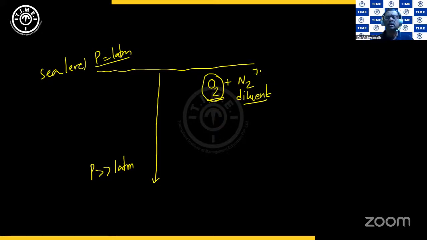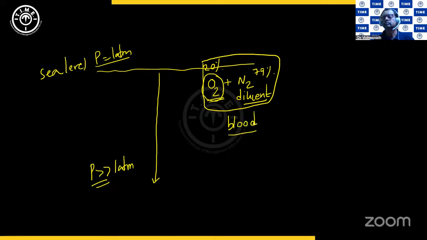So nitrogen is the commonly available diluent already present in natural air. Nitrogen is to the extent of about 78%, and oxygen is close to 20%. The remaining are all other gases, including water vapor. Now this is a diluent. So when the cylinder had this combination of oxygen and nitrogen, nitrogen being more, oxygen less, and the diver was getting deep inside, these gases got into the solvent of the human, that is blood.